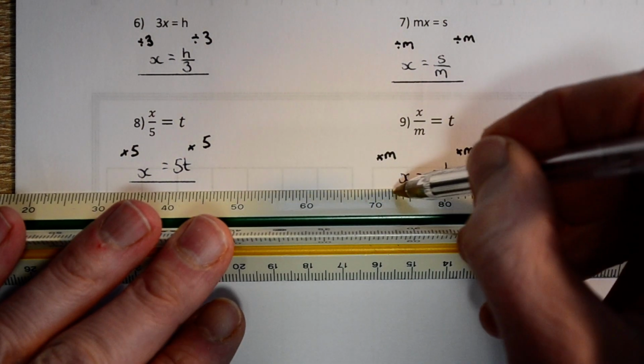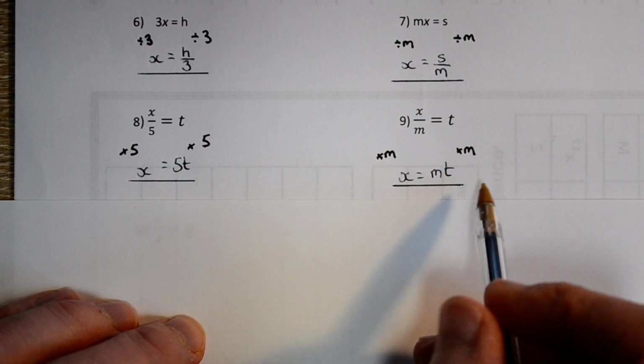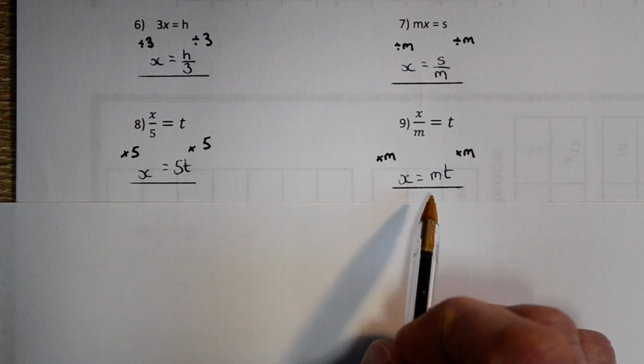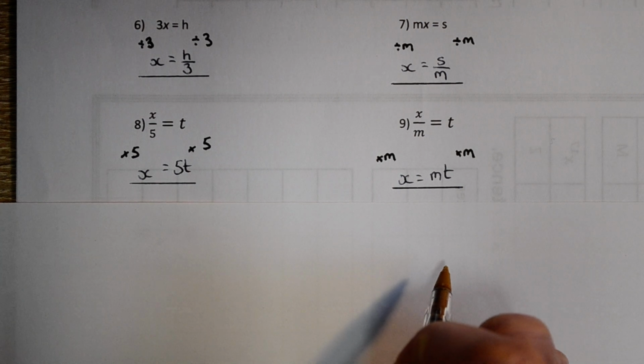Note that when we've got 2 letters multiplied by each other, we tend to put our answer in alphabetical order. So M comes before T in the alphabet, so we write it down like that.